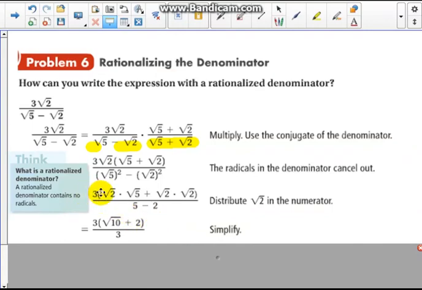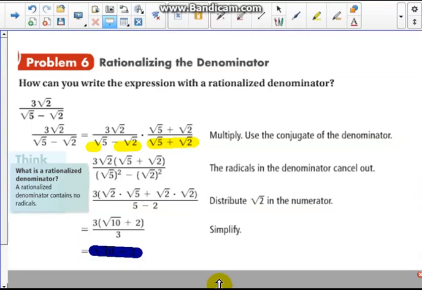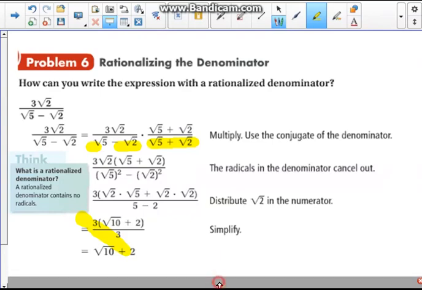And then they simplify our numerator, and it comes out to 3 times radical 10 plus 2. And notice that the 3's will cancel out here. And I end up with radical 10 plus 2.